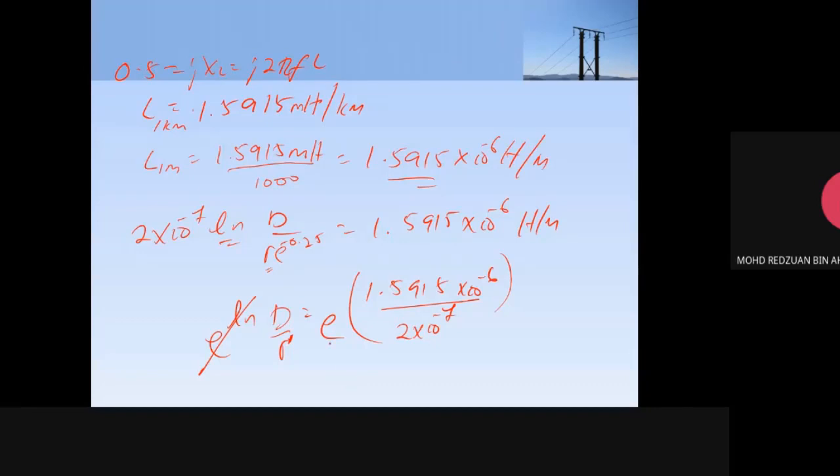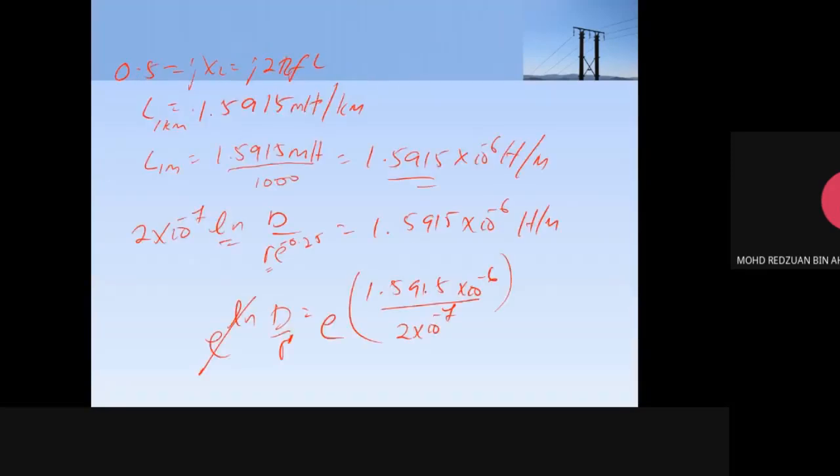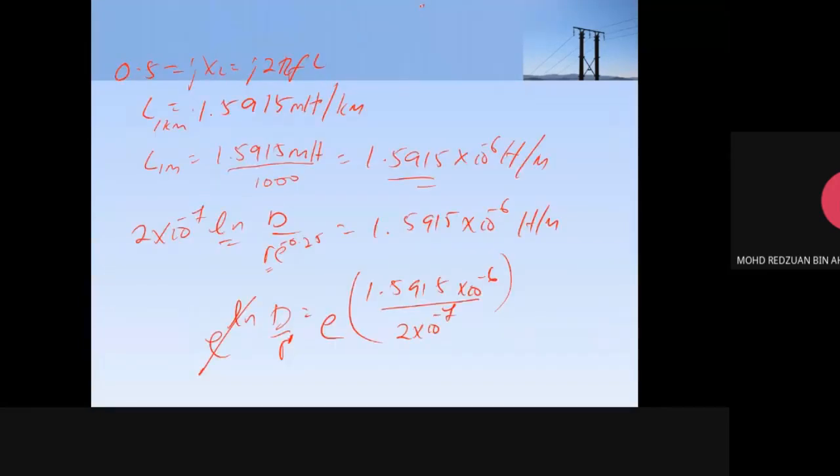By solving this equation, D is actually equal to R times e to the minus 0.25 times exponent of this value, 1.5915 times 10 to the minus 6 over 2 times 10 to the minus 7.